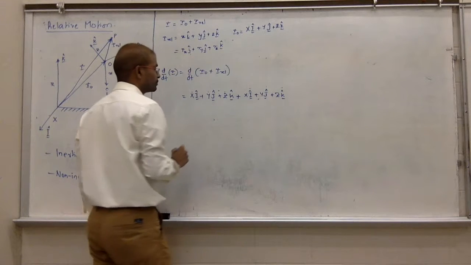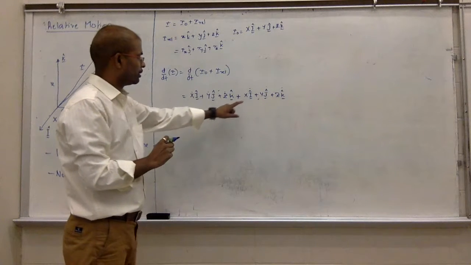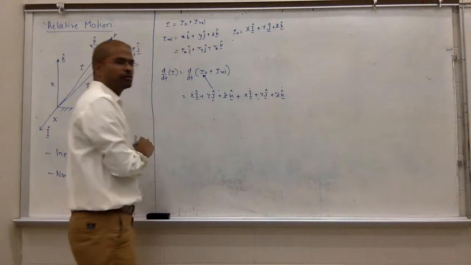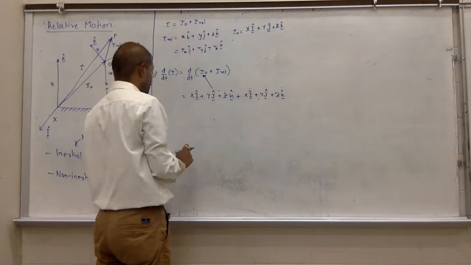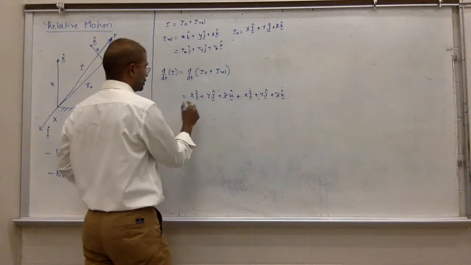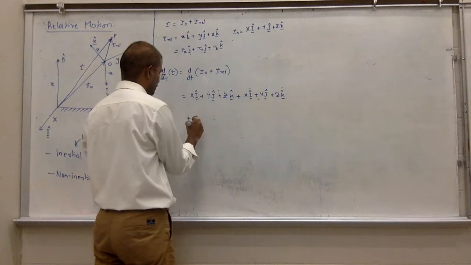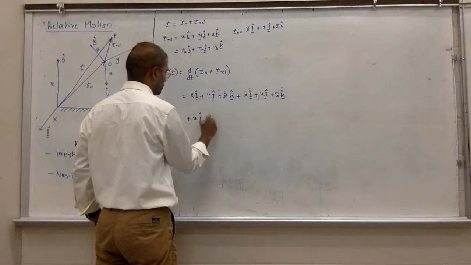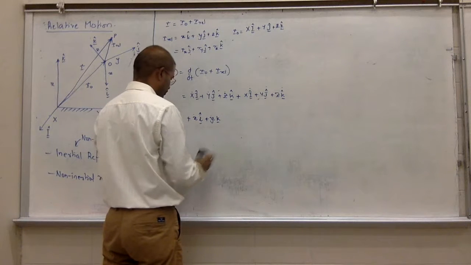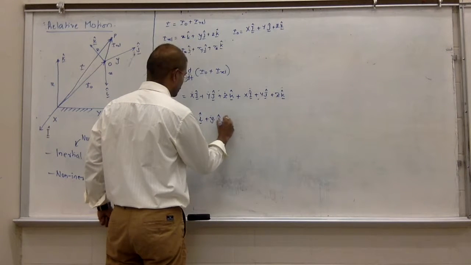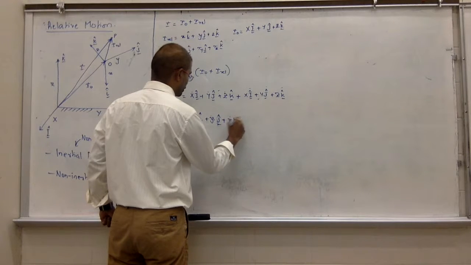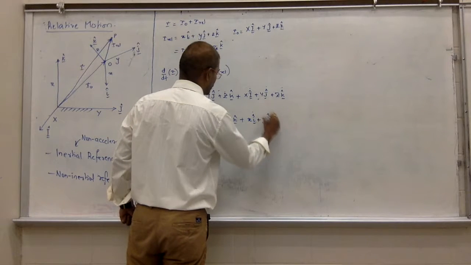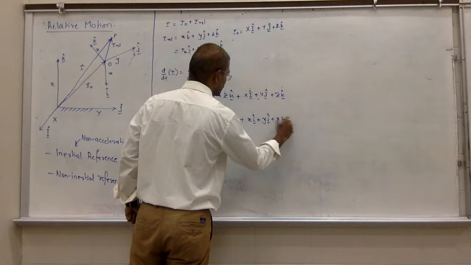We say dot for I, J, and K of the relative frame because that's the one that's changing, right? So this is the derivative of this.